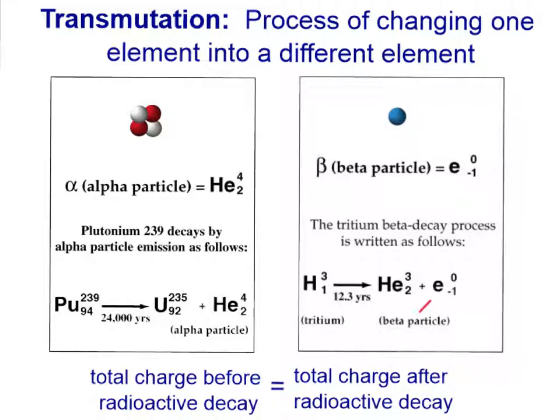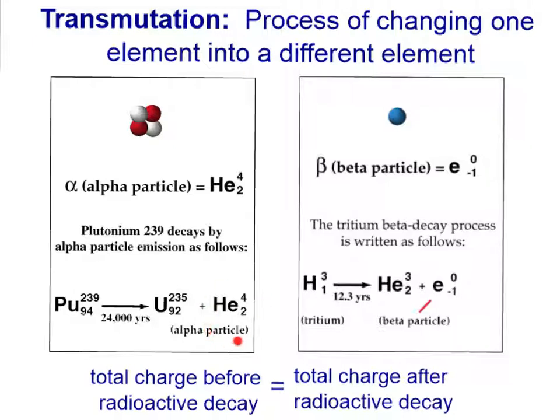Transmutation is a word that we use to describe the process of changing from one element into a different element. And this occurs during alpha decay or beta decay. Here's an example of alpha decay.